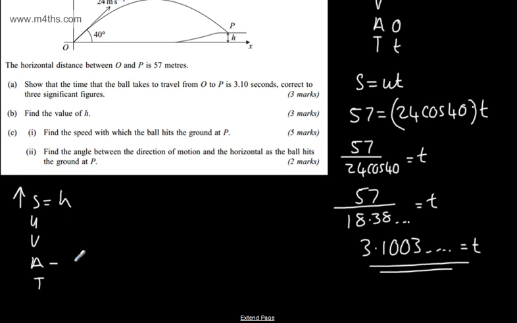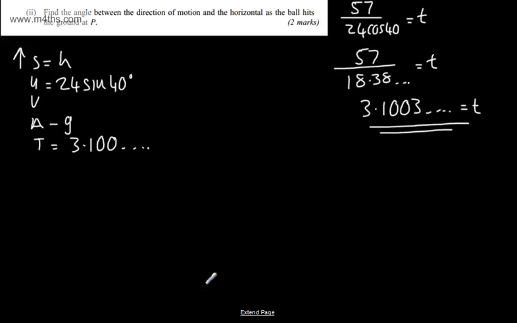We know that the acceleration is going to be negative g. The initial velocity is going to be 24 sine of 40 degrees. And the time right here is our 3.100 and so on, which we can store in the calculator.